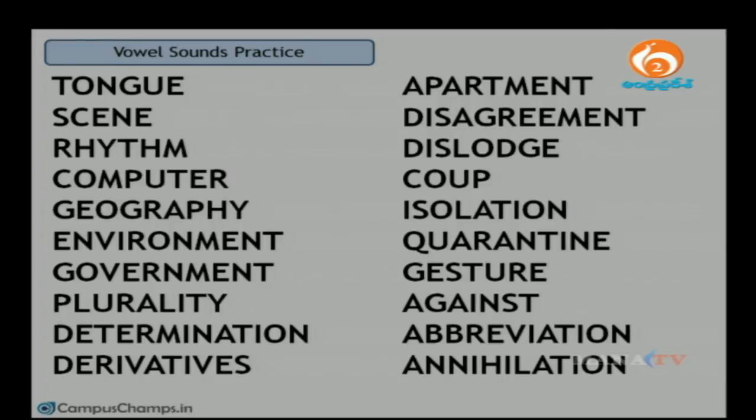Government, plurality, determination, derivatives, apartment, disagreement, dislodge, coup, isolation, quarantine, gesture, against, abbreviation, annihilation.